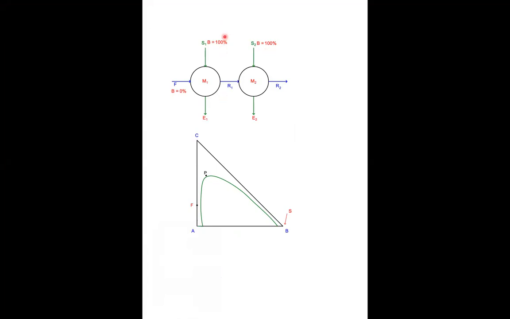In a batch process we call it stage 1, and then this is stage 2, and it is called a cross current process, a cross current extraction with 2 stages. In this case we contact the feed with the solvent, 100% B, and we get the extract. But we still have some more left in the raffinate.